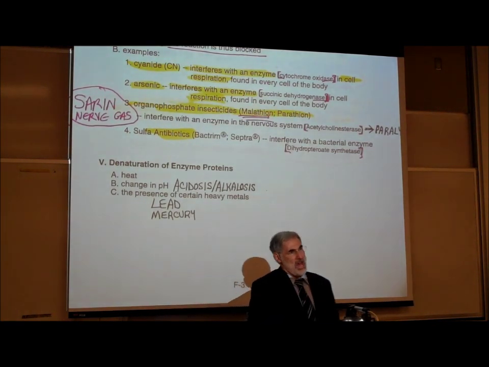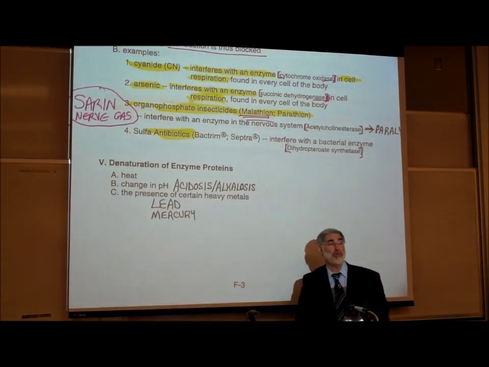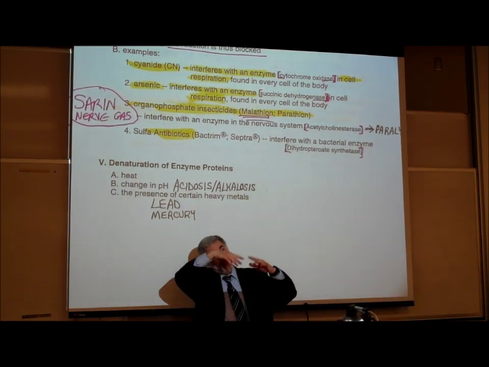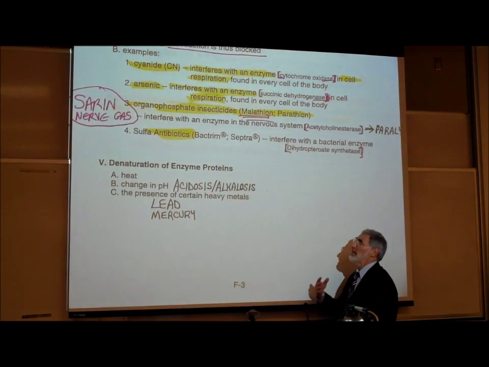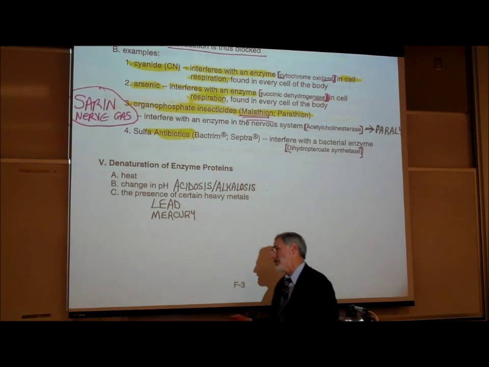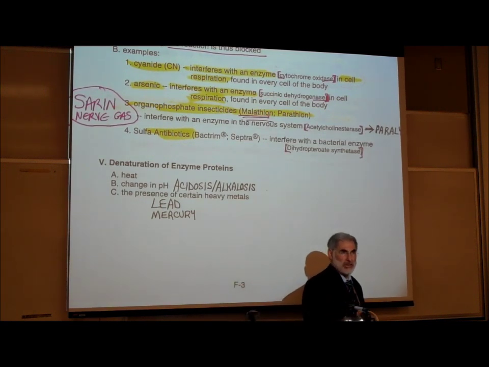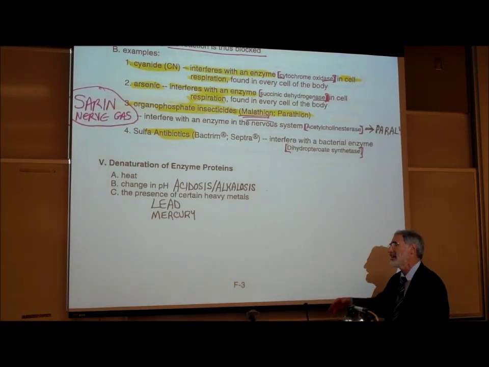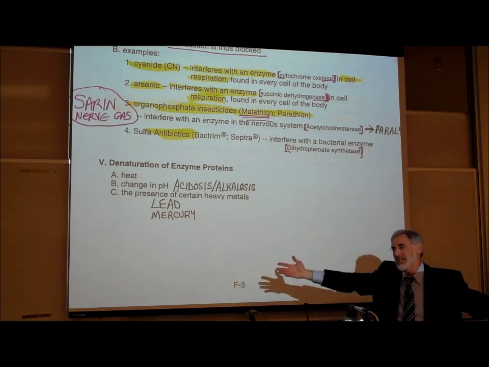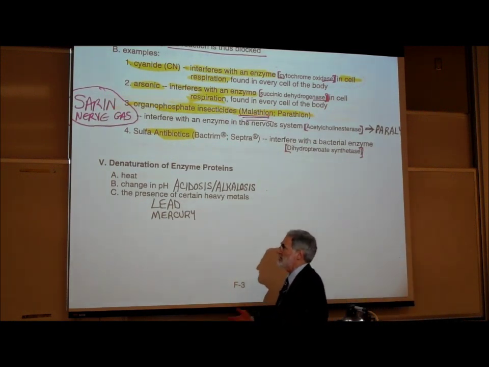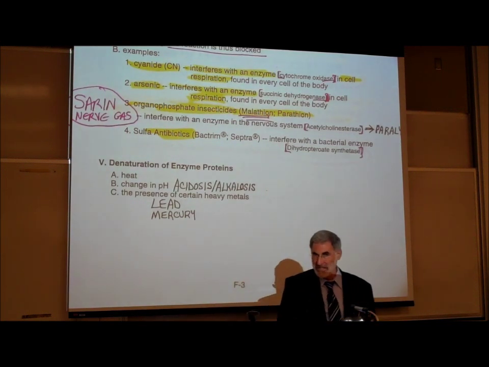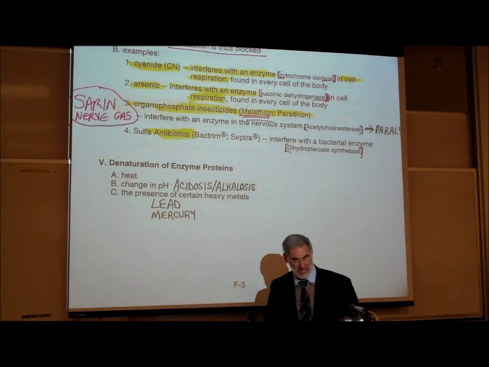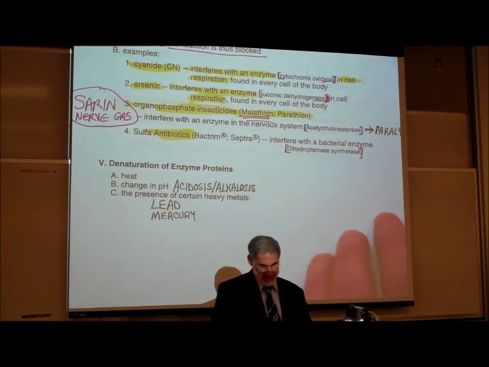So we know that high temperatures, hyperthermia, having a high fever can lead to death as the proteins, including the enzyme proteins, unravel and stop working. We know that acidosis or alkalosis, an extreme change in pH, acidity or alkalinity, can cause proteins, including enzymes, to unravel and stop working, resulting in death. And we know that certain heavy metals like lead poisoning and mercury poisoning cause these proteins to unravel, including enzymes.